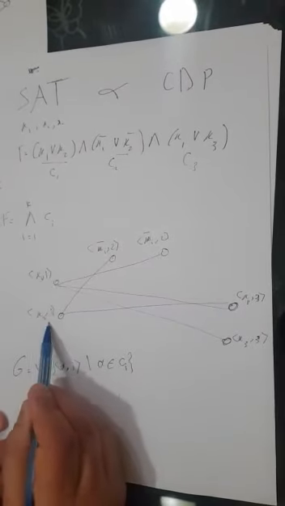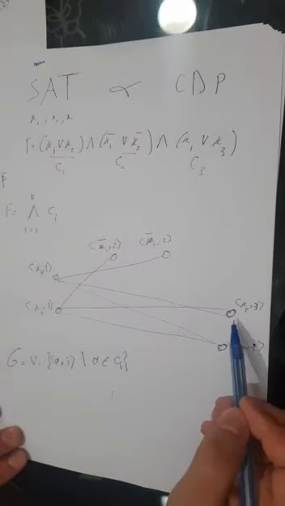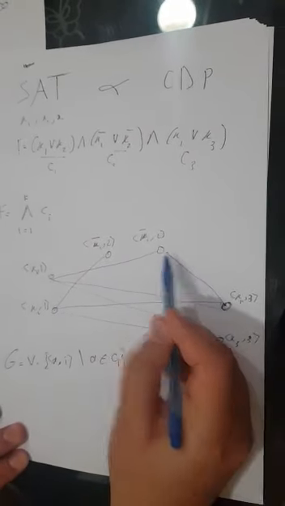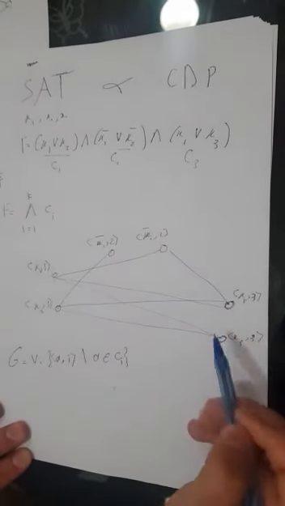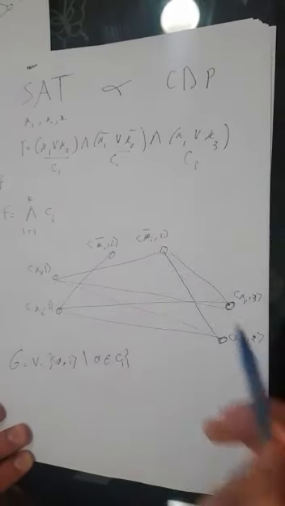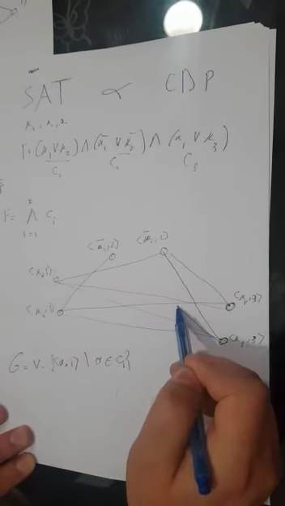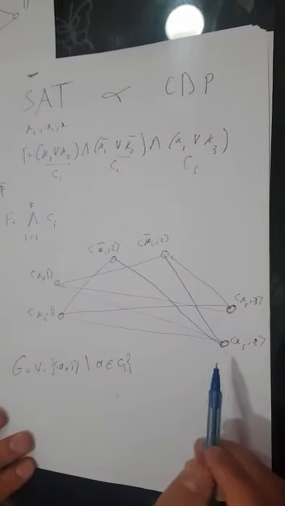And x2 with x3, yes, we can. Also, x1, we can connect it with x2', yes. x1 with x1', we cannot. x3 with x2', yes, we can. x3 with x1', we cannot. So our graph is connected.